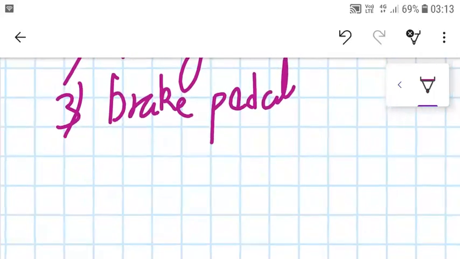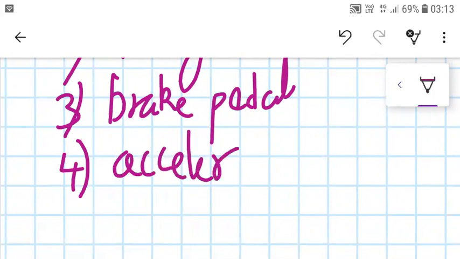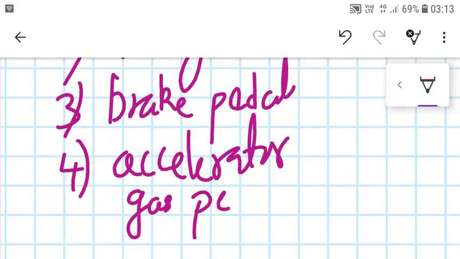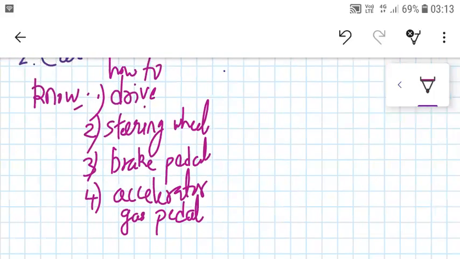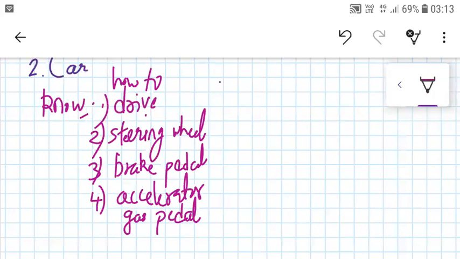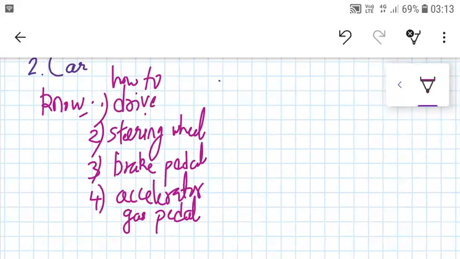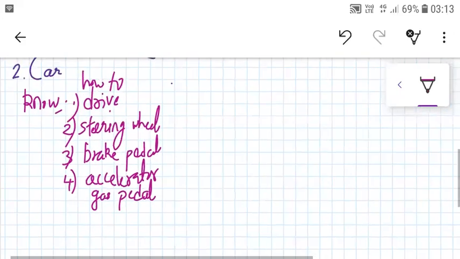We also know how the accelerator works. In order to increase the speed of the car, you have to press the gas pedal, right? And we know other things also, how to utilize the car optimally. So basically these are all interfaces.